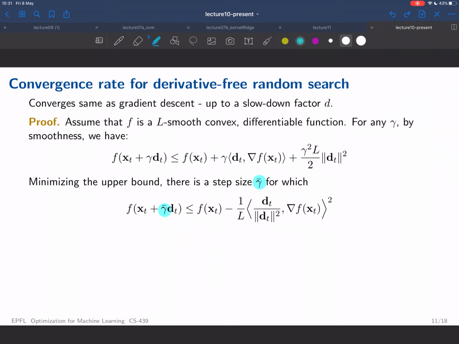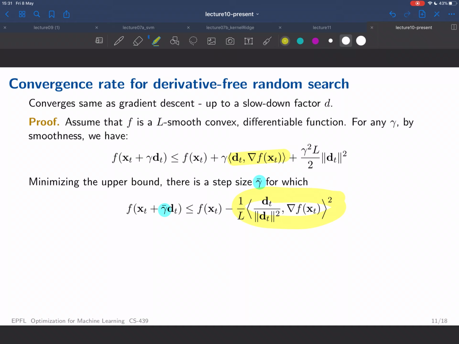It's very easy to minimize this thing here. You just set the gamma derivative to 0. Gamma is just a number, so you optimize this to be smallest, which means you find a gamma which balances the two terms, the inner product and the squared norm. So you know what the best solution for gamma is, and if you plug it in, you also know the value this gamma achieves.